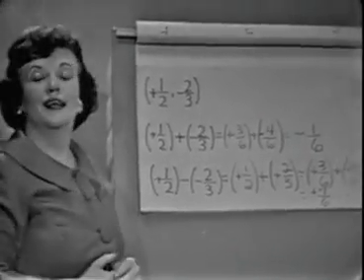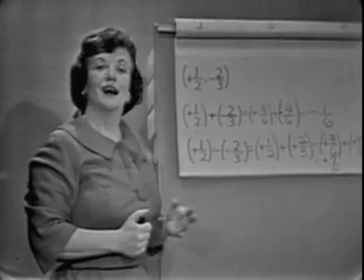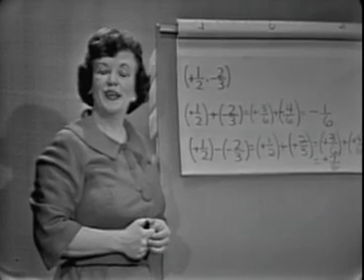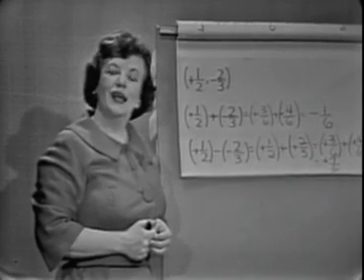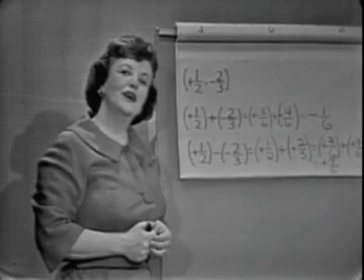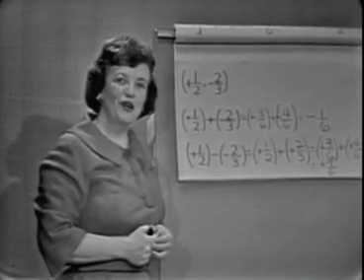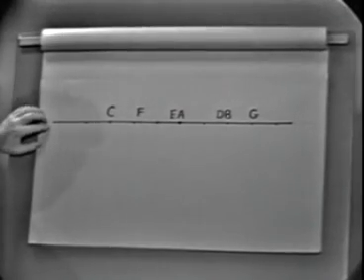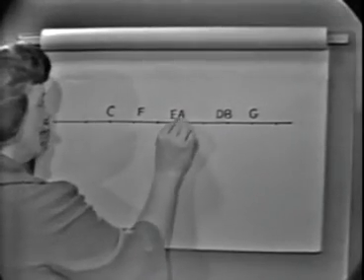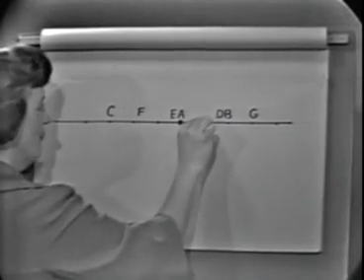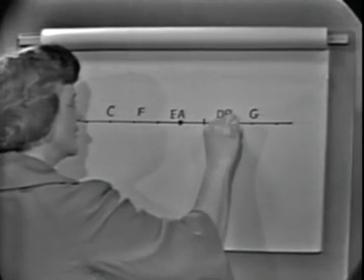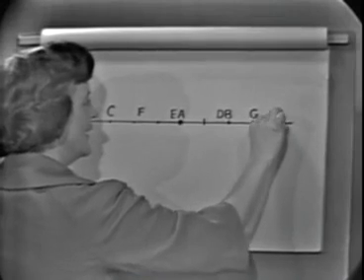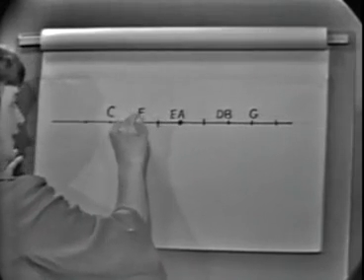But again, let's think about a line, a fixed point, a unit segment, and the idea that we can associate a point with every number. Consider this line. Let A be a starting point here. Let's mark off segments to the right and to the left.